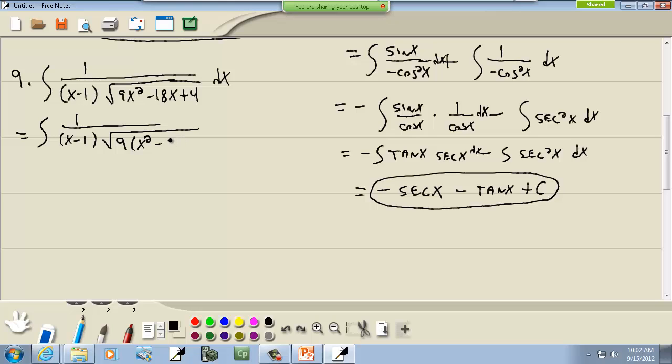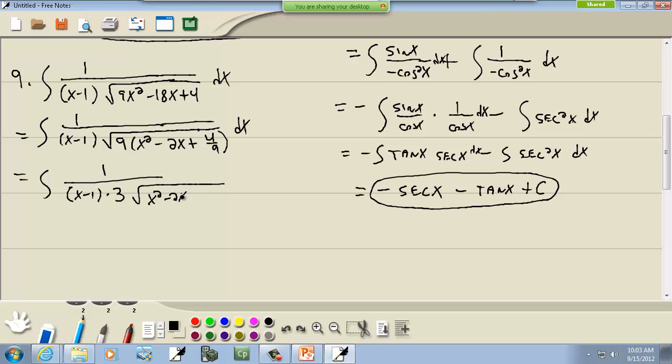Factor out a 9, that gives us x squared minus 2x plus 4/9 dx. Gives us 1 over x minus 1. And the 9 we can bring out in front as a 3. And we're left with x squared minus 2x plus 4/9 dx.